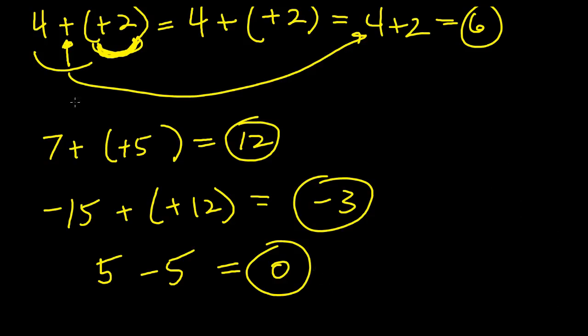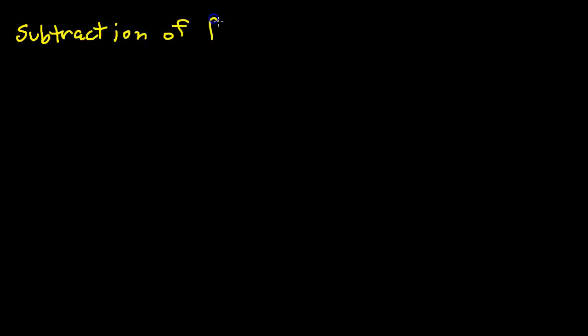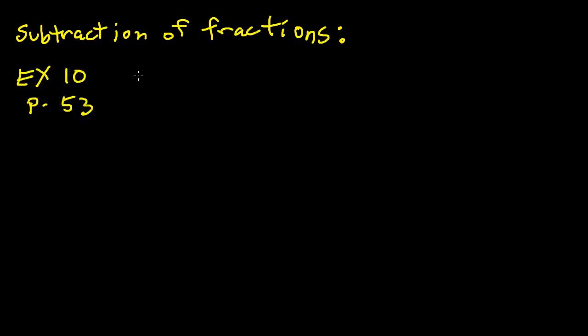All right, let me get a fresh screen here, and we'll do some fractions. Subtraction of fractions. And the same idea holds. We'll still need common denominators, etc. But if I've got, well, this is example 10 in our text on page 53, if you want to look along.